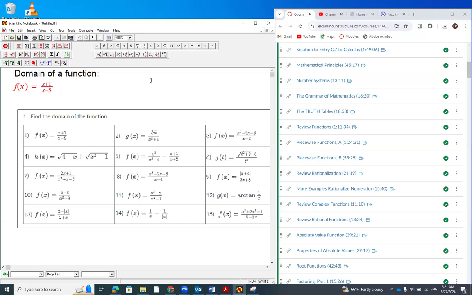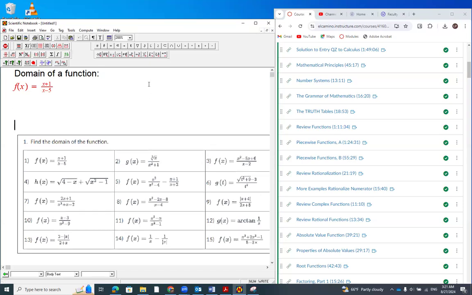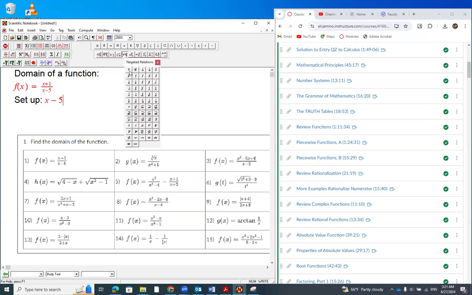There are two ways to set up, generally two major steps. The first step is setup. When we set up, you just make sure that the denominator is not zero. So for this question, I would put the whole denominator not equal to zero.